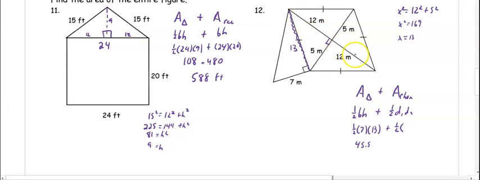So one diagonal is 12 plus 12, which is 24. The other diagonal is 5 plus 5, which is 10. So we have 0.5 times 24 times 10 is 120. So 120 plus 45.5 is 165.5 meters squared.